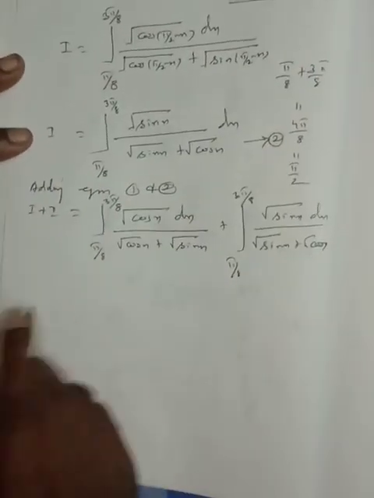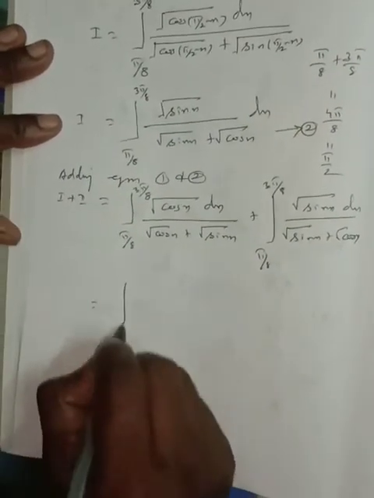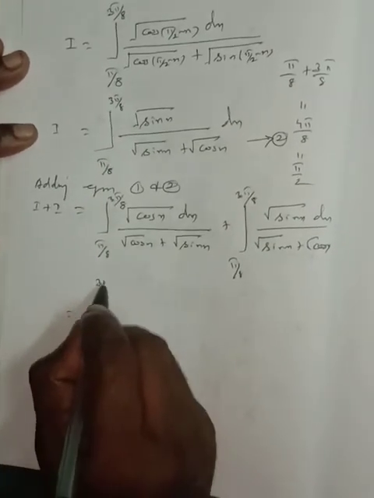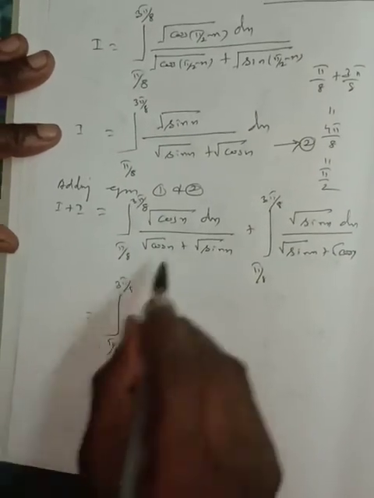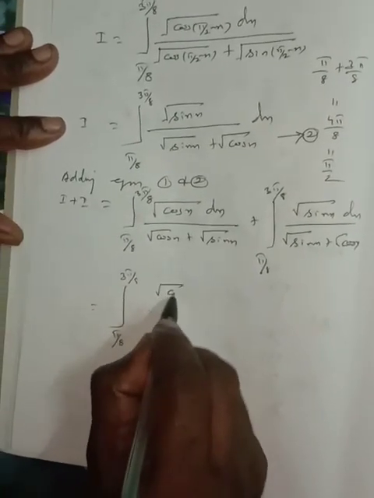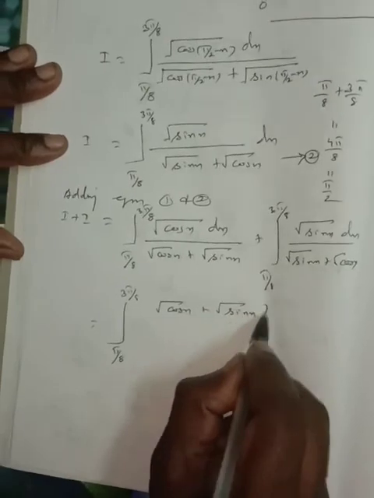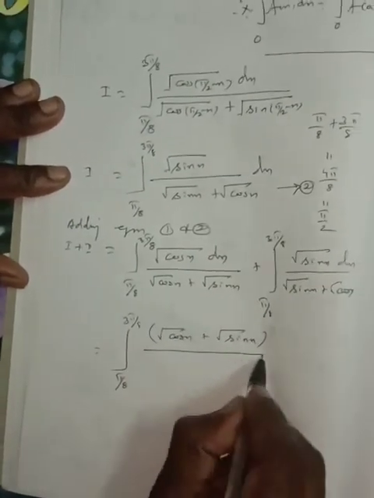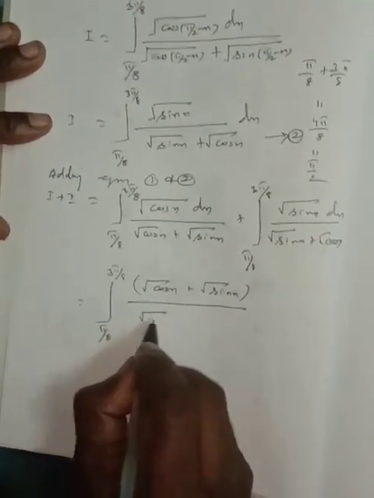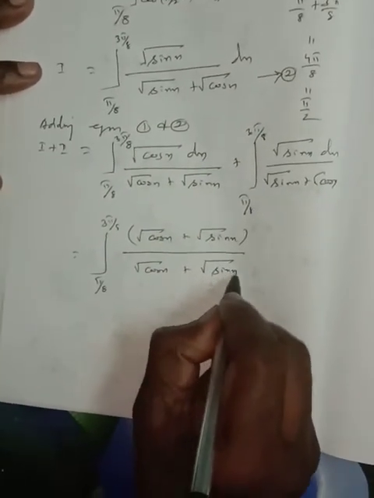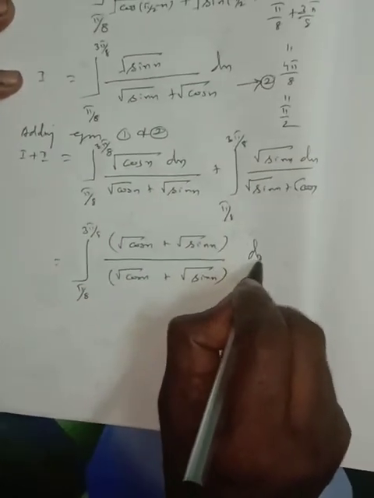Denominators are same. Therefore, integral pi by 8 to 3 pi by 8 of root cos x plus root sin x divided by root of cos x plus root of sin x into dx.